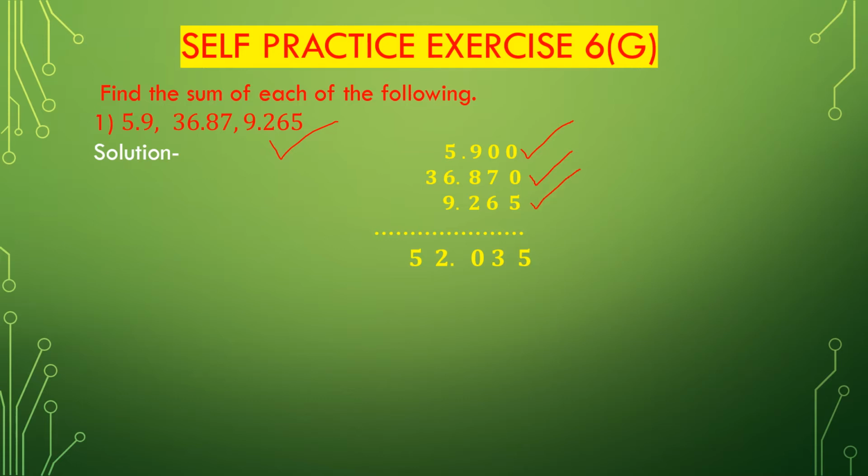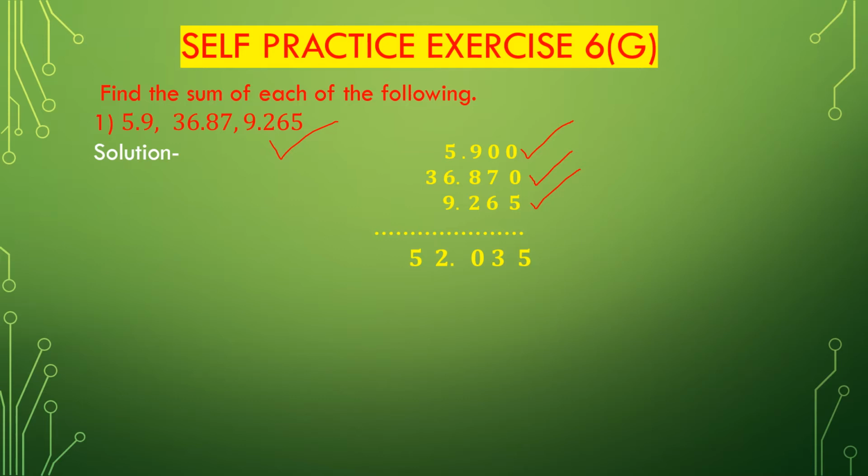Here in ones place, below 5 we have to write 6 in 36, and 9 below 6, and after decimal point we have to write 9. In 10th place digit is 9, so we have to write down 900.